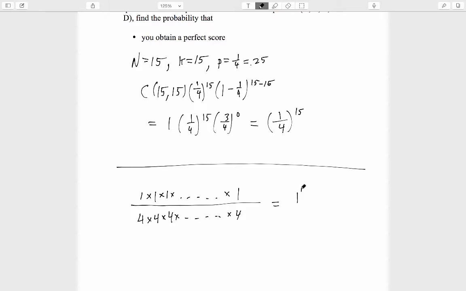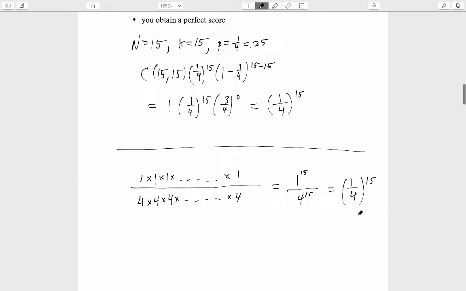So that gives us 1 raised to the 15th power, divided by 4 raised to the 15th power. That's the same thing as 1/4 raised to the 15th power. Thus, our new way of approaching these probability computations agrees with the old way that was based solely on counting.